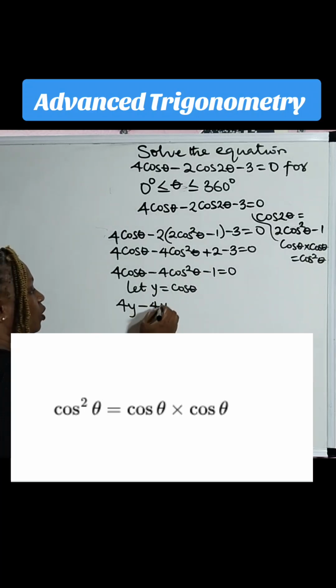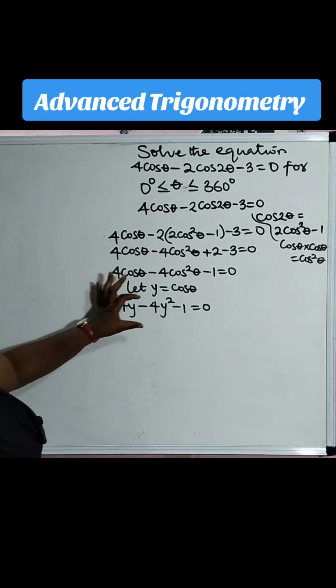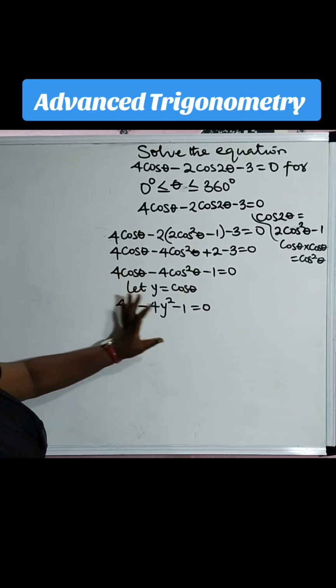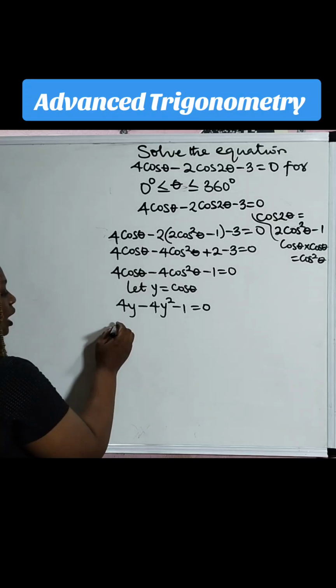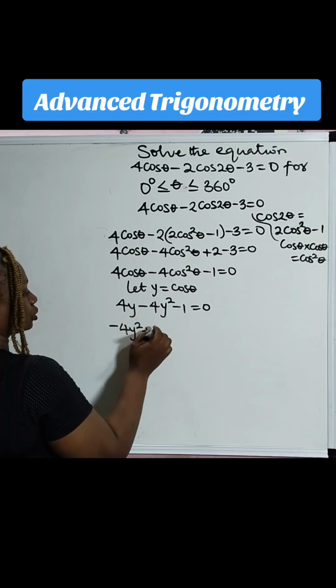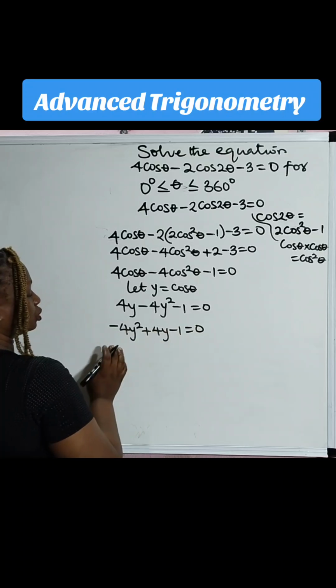So we have here y square minus 1 is equal to 0. Now this is a quadratic equation. So let's rewrite it. We have minus 4y square plus 4y minus 1 is equal to 0.